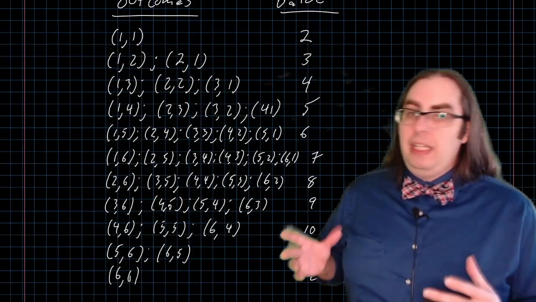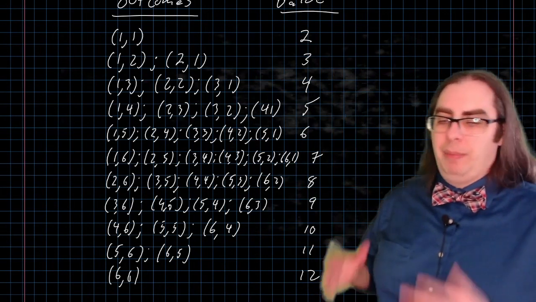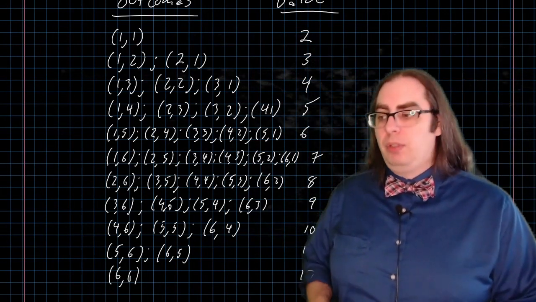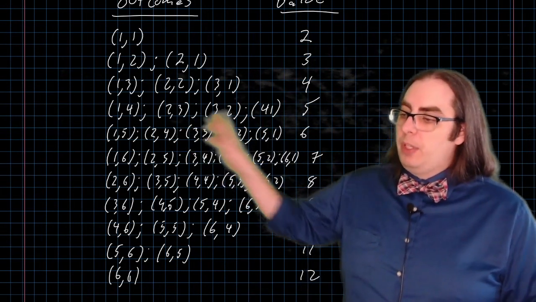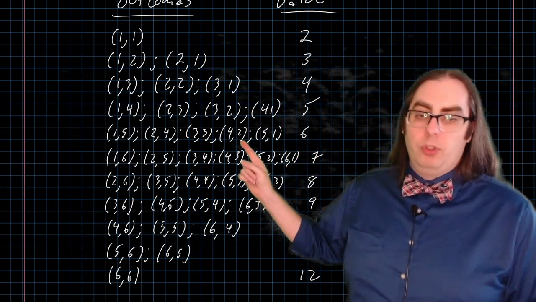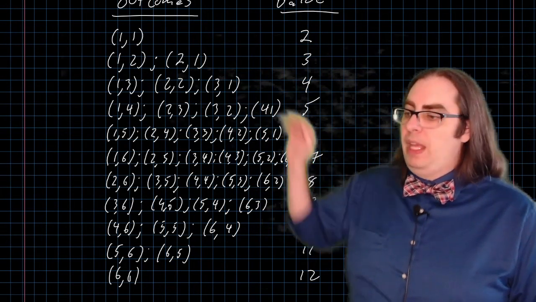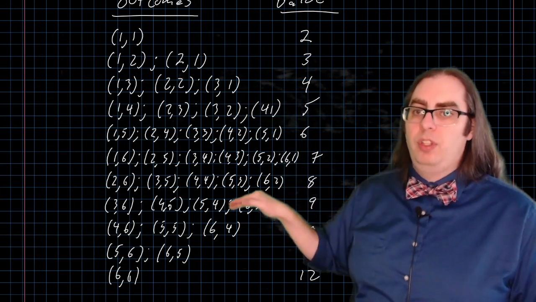Each of these outcomes has exactly one value. We've got a number of outcomes that can give a single value, but each outcome, like the 4, 2 here, only has one value associated with it. And so you'll never have an outcome show up more than once on the list.